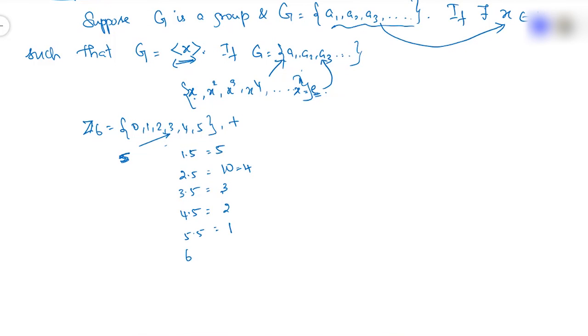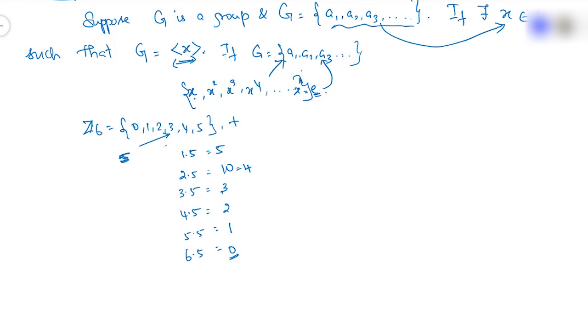6 into 5 is 30, which is 0. Yes, the identity element comes. 0 is the identity element here. So once you encounter the 0 value when multiplying with the number, you have to stop. If it is power, you have to raise 5 power 1, 5 power 2, up to 5 power 6.